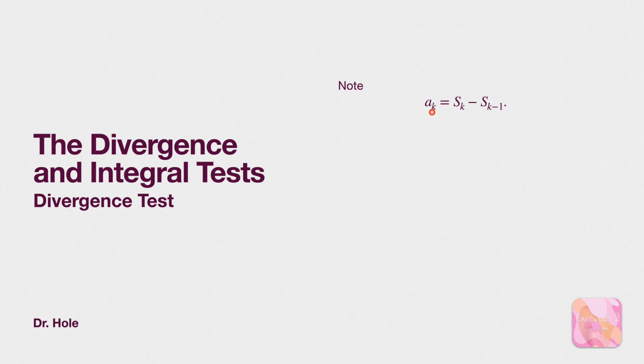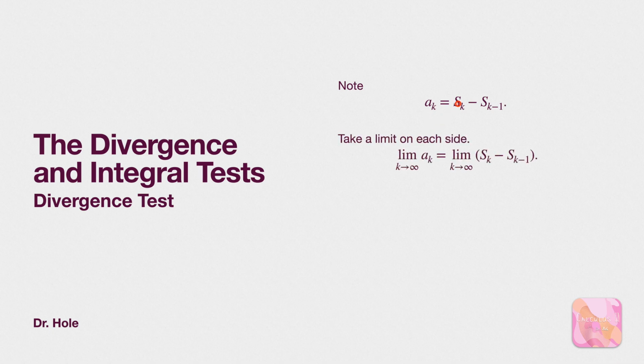So if we want to look at the kth term in the sequence of a's, we could add up all of the terms up to k and then subtract away all of the terms coming before the kth term. Then this difference is exactly the kth term. All right, well, how is that useful?